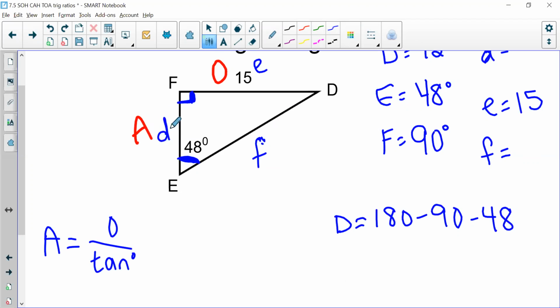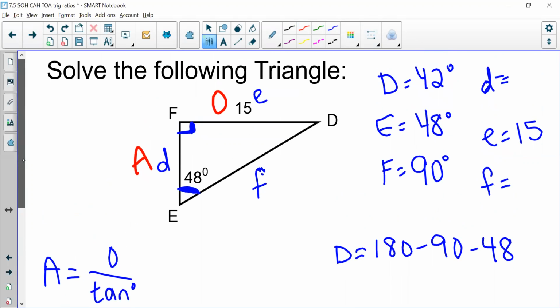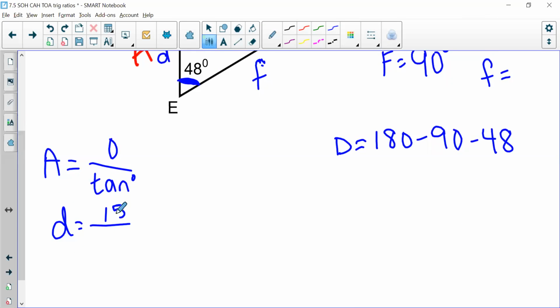A is D. My variable is D in this triangle. My opposite is 15. And I'm working with that 48-degree angle. So I want you guys to do 15 divided by tan of 48. 15 divided by tan of 48.